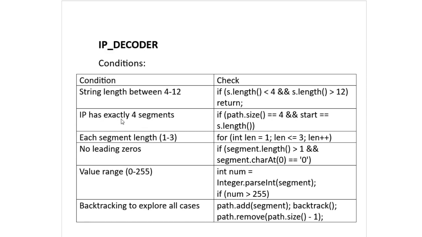An IP address can only have four segments, and each segment length should be between 1 and 3 because the value can only be between 0 and 255. There should be no leading zeros, and we'll be using backtracking to explore all the cases.